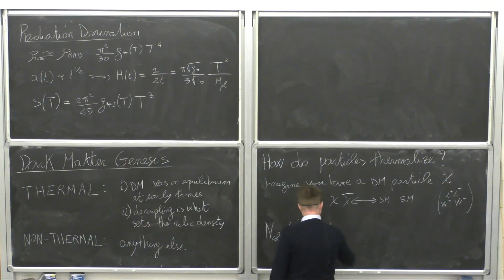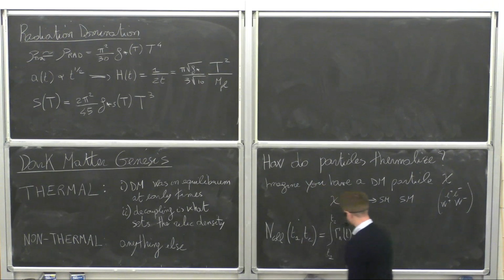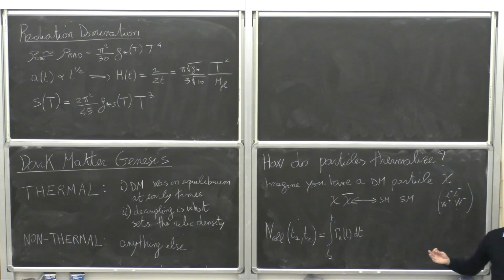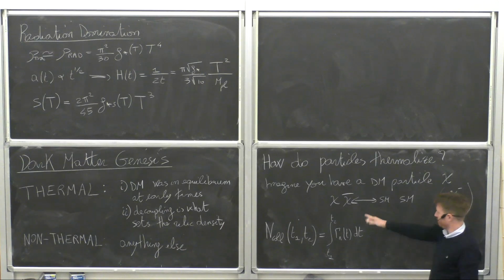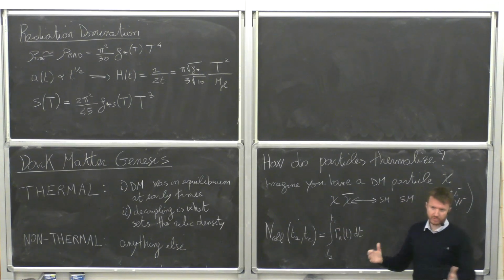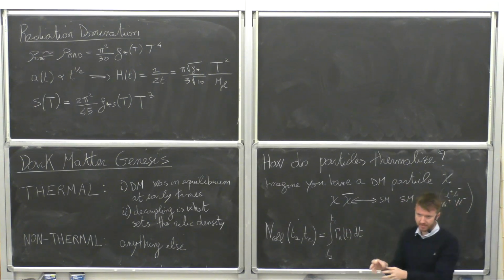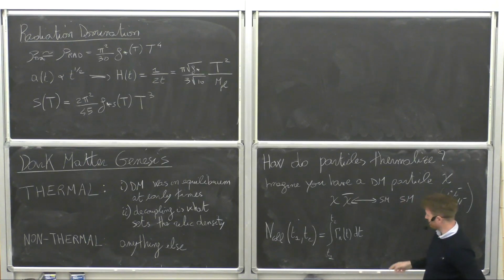I'm taking T1 and T2 close to each other, of course, I'm not combining T1 back at the weak phase transition and T2 today. I'm taking T1 and T2 not too far away from each other. I want to see if thermal equilibrium at that moment is ensured.